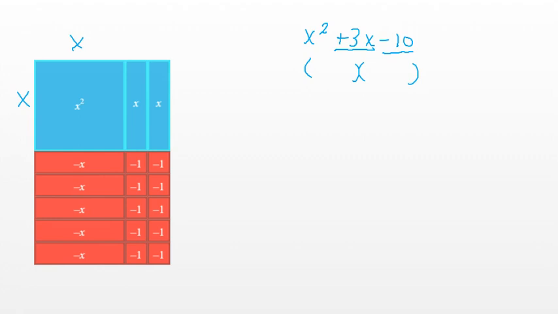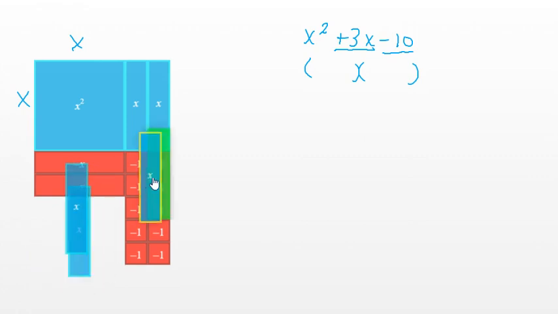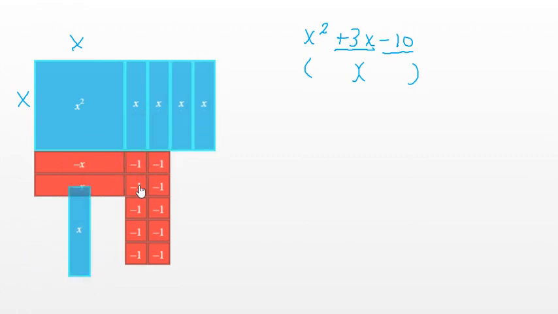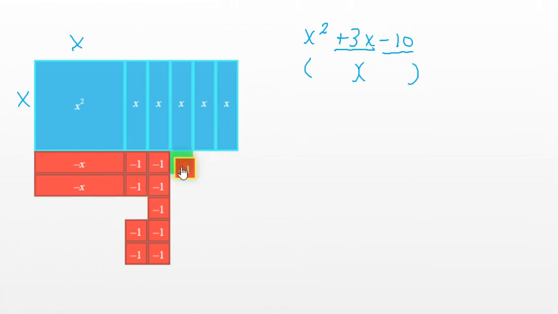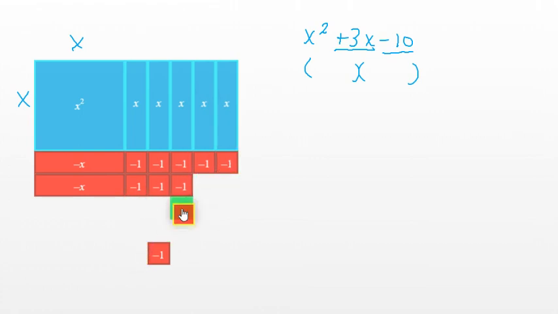We have to move it back, and so I need these to be positive. So now when I cancel out my 0 pairs of x's, I'm left with 3 positive x's, which are here.